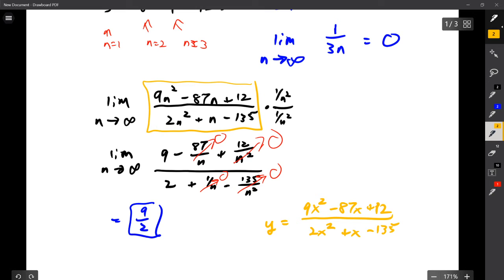And we said, as you go infinitely far to the right, is the graph going up without bound, or down without bound, or approaching some finite particular y value? And the answer is yes, it is approaching a finite particular y value. Which y value? 9 halves. Okay? So you have some where it's evaluating limits like that. Let me know if you have any questions.